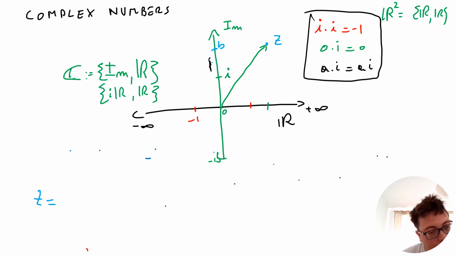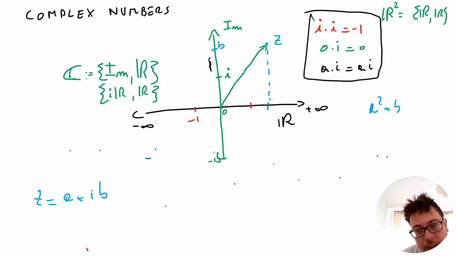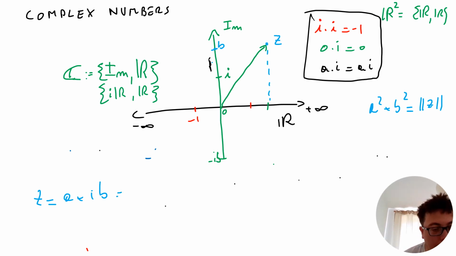So let me give you an idea. z is a plus ib, we know that, but we just saw that since a squared plus b squared is equal to the modulus of z, a and b can be thought of as the cosine and sine. Let's make the modulus equal to 1 to simplify our lives, so we take the unit circle if you like.